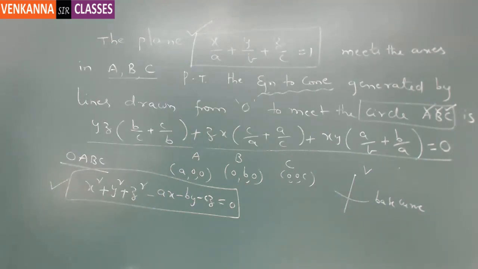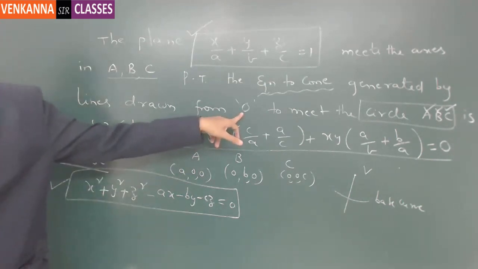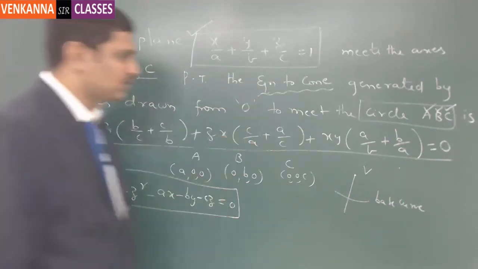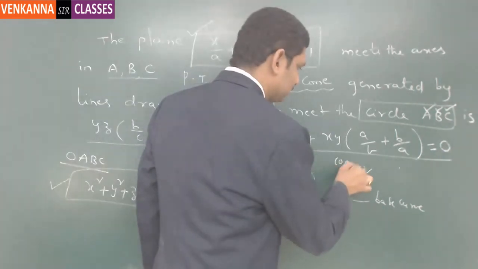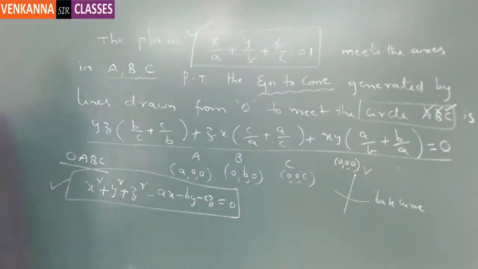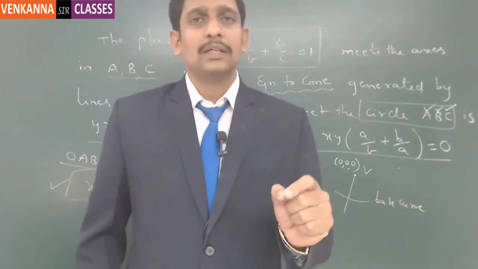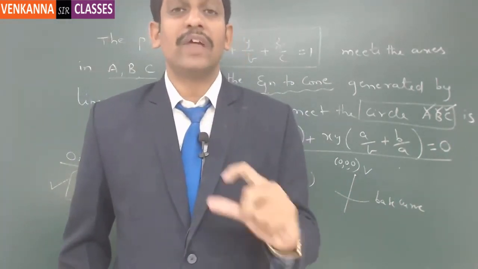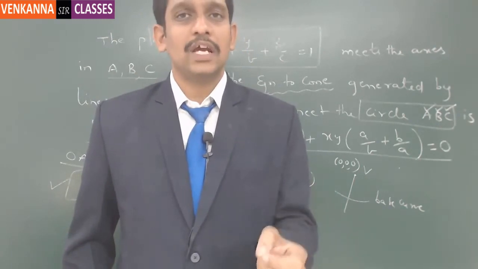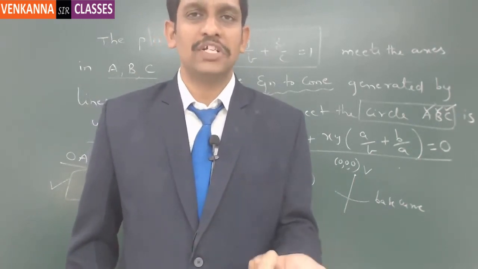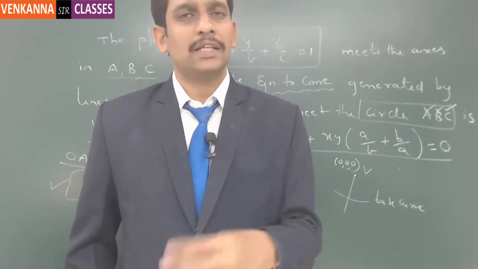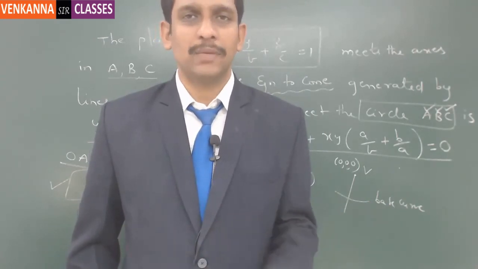Now, please understand that we are finding the equation of a cone from origin. In other words, the vertex of the cone is nothing but origin. As we have studied the cone properties, whenever you find a cone equation with vertex at origin, always you will get a homogeneous equation in the respective variables, either 3 variables or 4 variables, whatever may be the case.